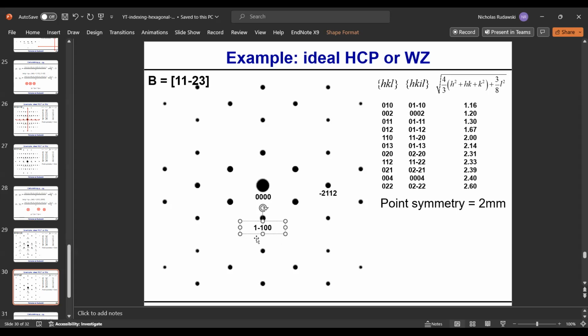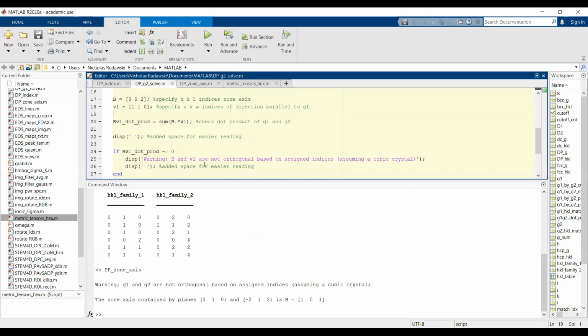We have 1 minus 0, we have 1 bar minus 0. So this is very easy. This is just the 1 bar 0 direction. Let me go back to this and just put this in here.